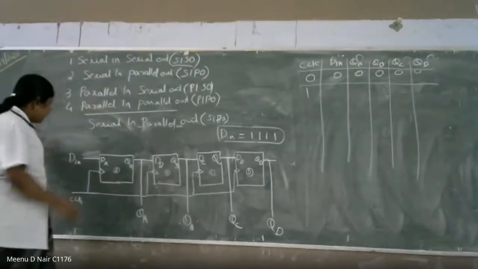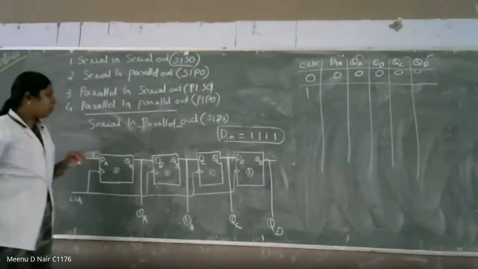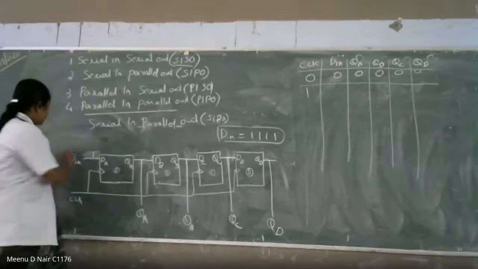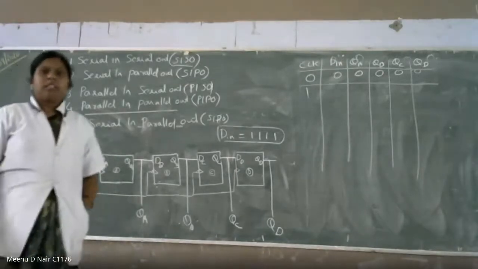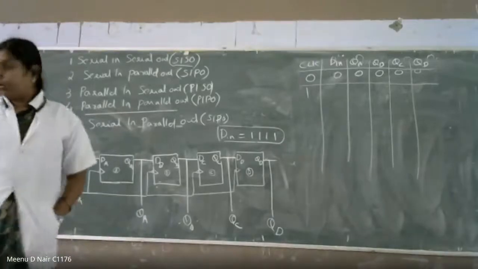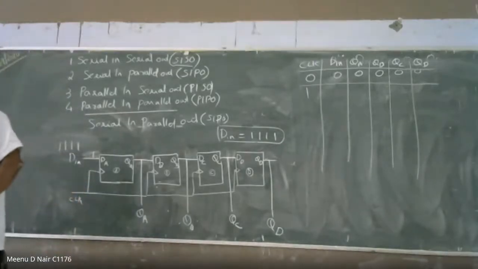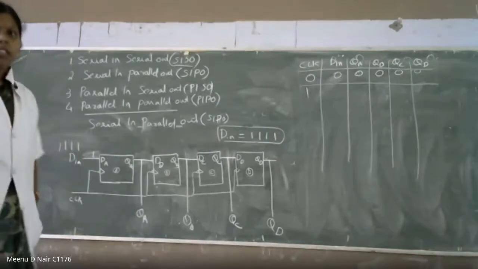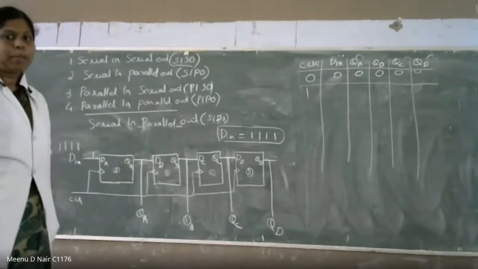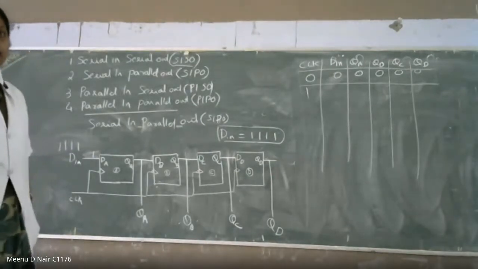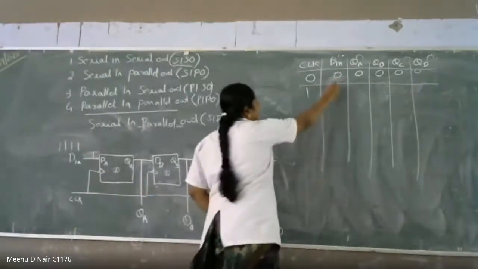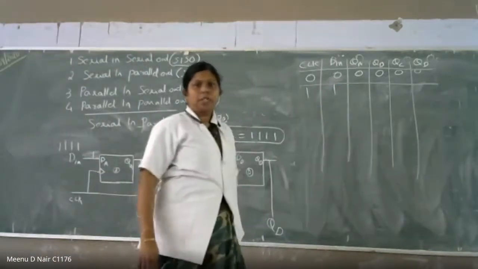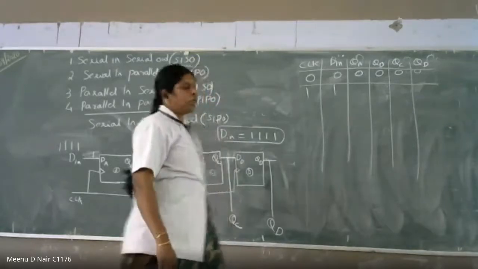When you are giving the first clock pulse, what about QA, QB, QC, QD? The same way as you represented it in the serial form, you can write D input is 1. So write the answer.